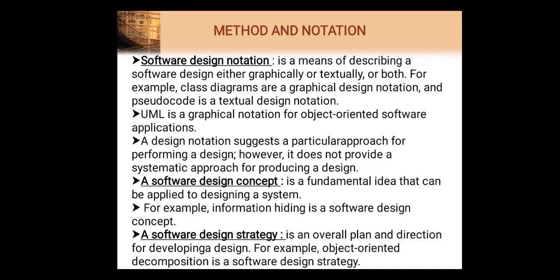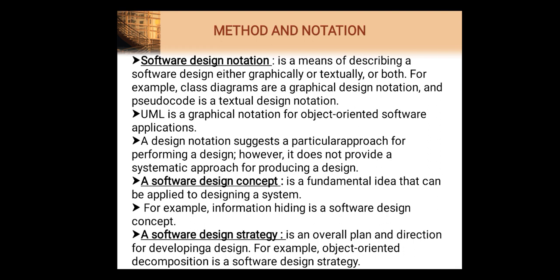Now, what are the different methods and notations used for designing the software architecture? Software design notations are a means of describing a software design either graphically or textually, or we can use both formats.